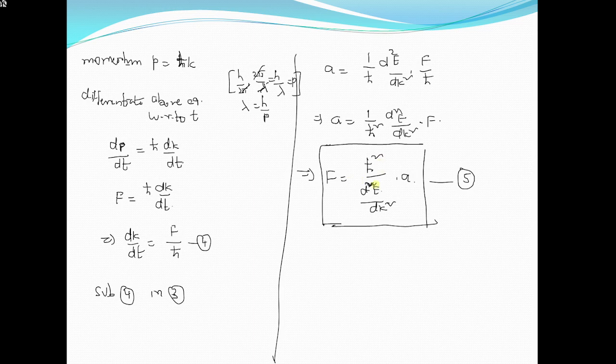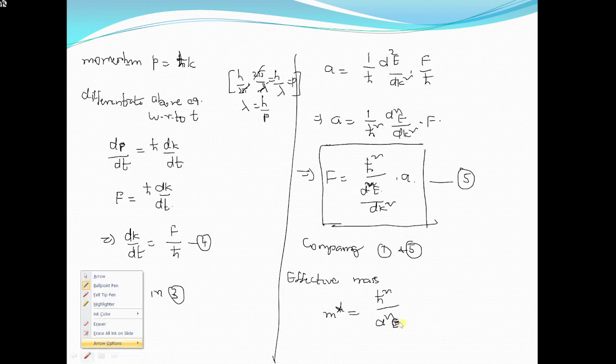F is equal to h cross square by d square E by dk square into A. So if I compare 1 and 5, I get effective mass m star is equal to h cross square divided by d square E by dk square.